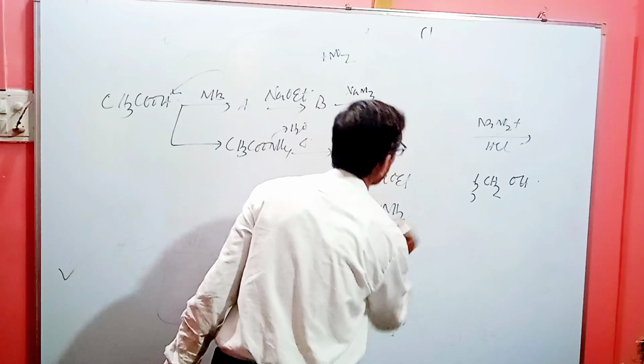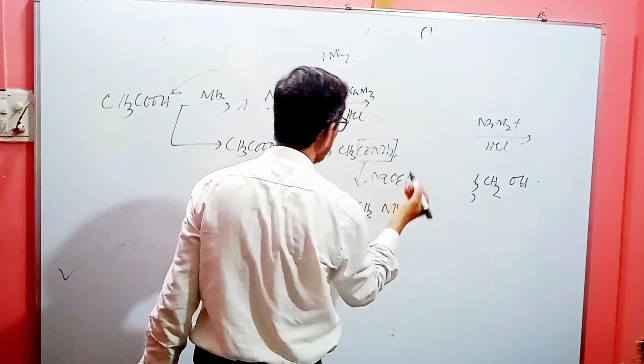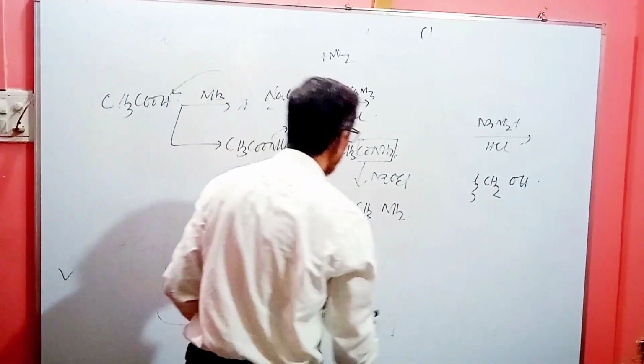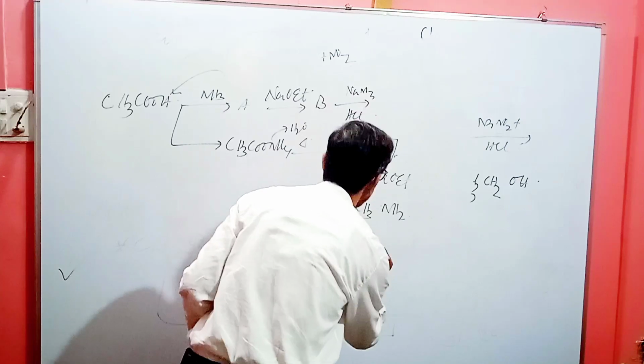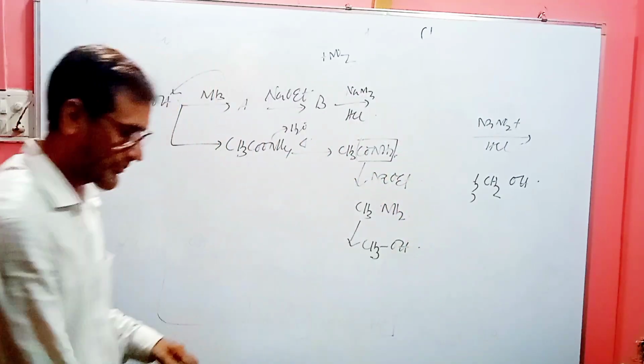And when you use sodium nitrite plus HCl, meaning HNO2, you are getting alkyl diazonium chloride, and on water you are getting methanol. Again and again you are getting the same reaction.